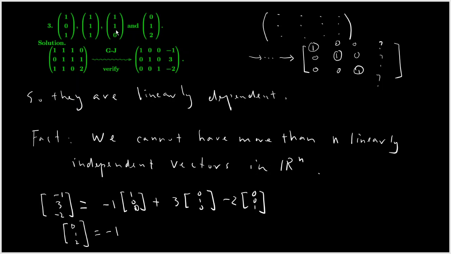The last vector 0, 1, 2 is -1 times the first vector 1, 0, 1, plus 3 times the second vector 1, 1, 1, minus 2 times the third vector 0, 1, 2. I cannot tell you why right now.